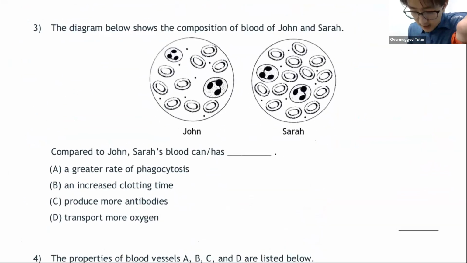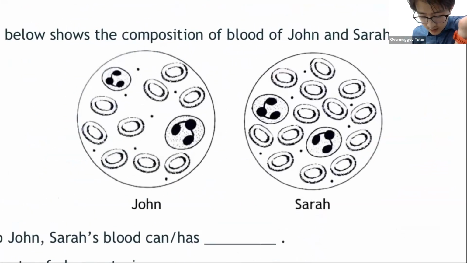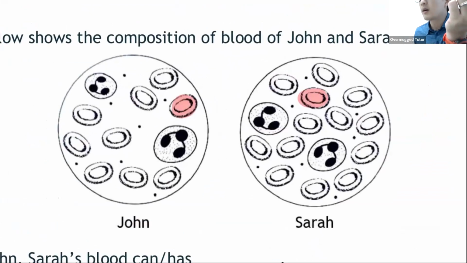Okay, let's very quickly identify these structures that we see in both their bloodstreams. This one is red blood cell. These are, what are these? They're much larger than red blood cells. They have these black dots inside of them. Yeah, the white blood cells. White blood cells are larger than red blood cells. And number two, white blood cells have nuclei.